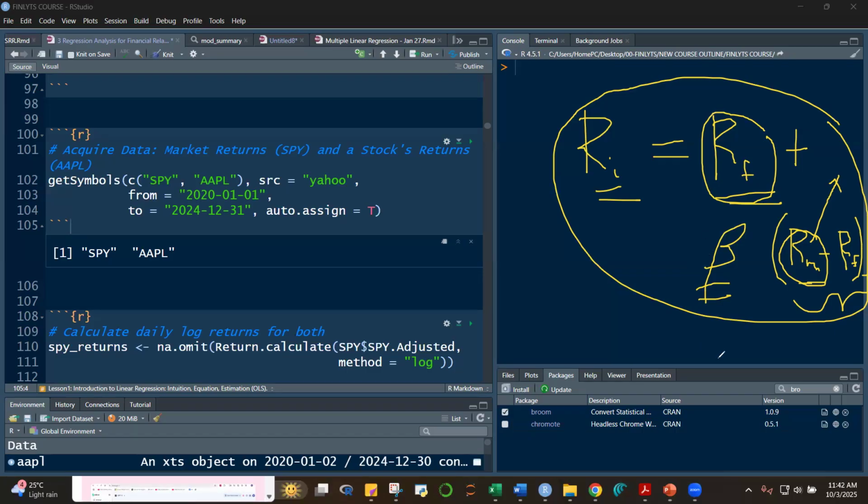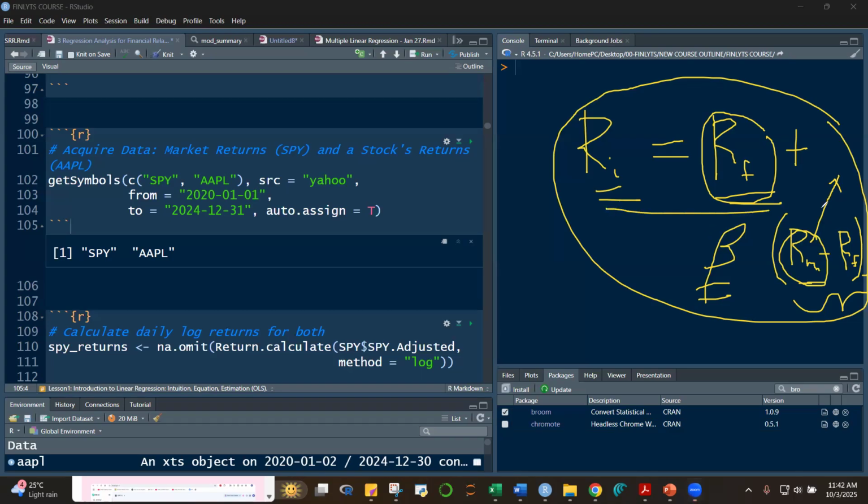So that's what we're doing now, class. We're preparing ourselves to apply CAPM using R, using regression. So we'll go through this. Thank you, Jason, for sharing that CAPM formula, class.